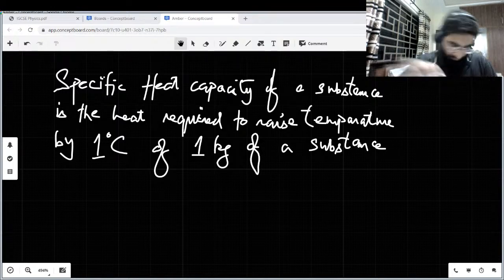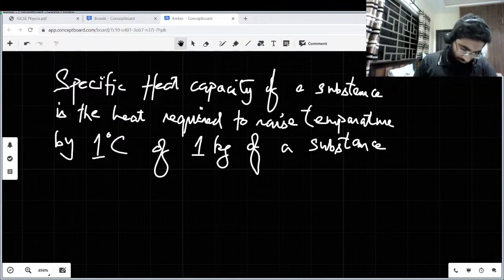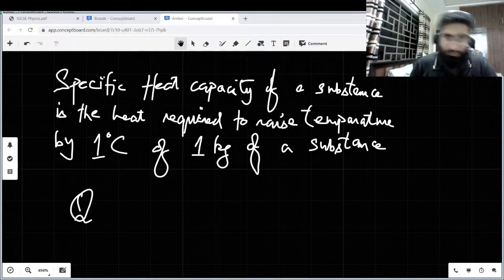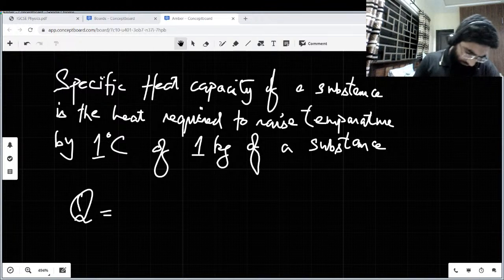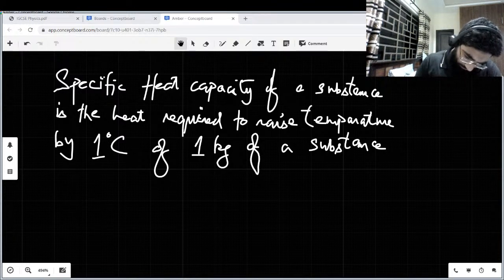And so it is given by an equation. The next thing is called the heat equation. Let me write that.